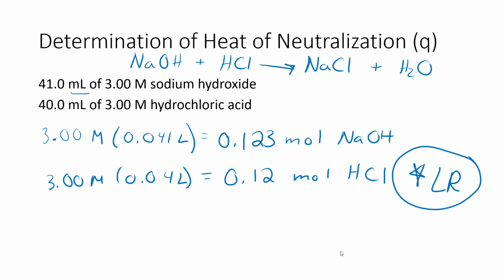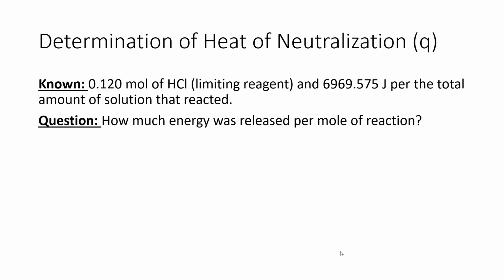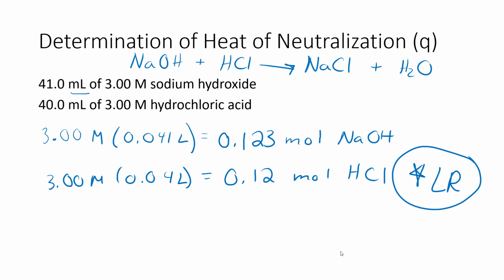So what do I do with this? All right, I know that I have 0.120 moles of hydrochloric acid, and I know my Q for the total amount of solution that reacted. But I need to know how much energy was released per mole of reaction. And remember, if we go back here, how many moles of hydrochloric acid are there per each reaction? There is 1 mole per each one reaction that takes place.